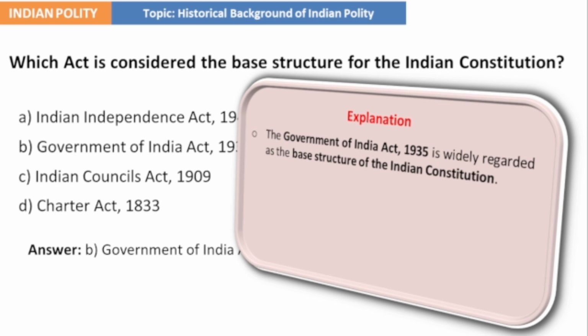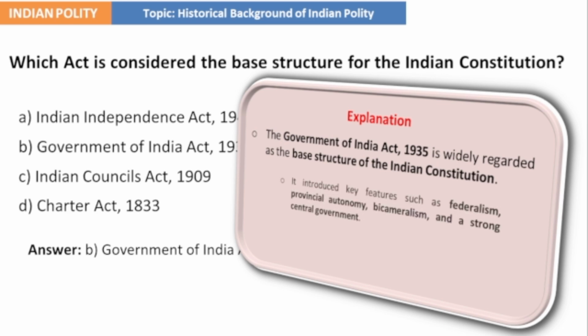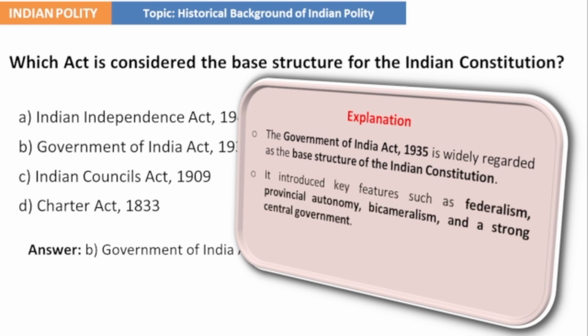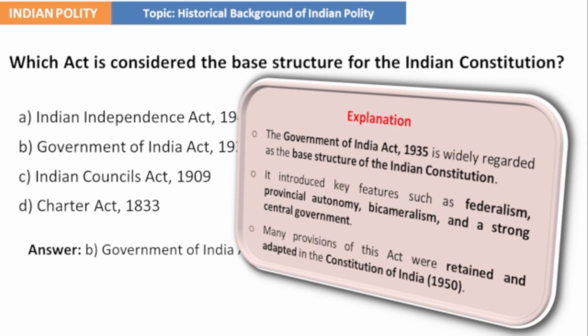The Government of India Act 1935 is widely regarded as the base structure of the Indian Constitution. It introduced key features such as federalism, provincial autonomy, bicameralism, and a strong central government. Many provisions of this Act were retained and adopted in the Constitution of India.